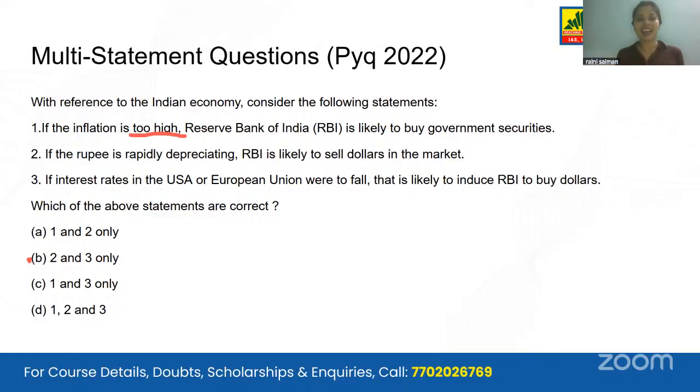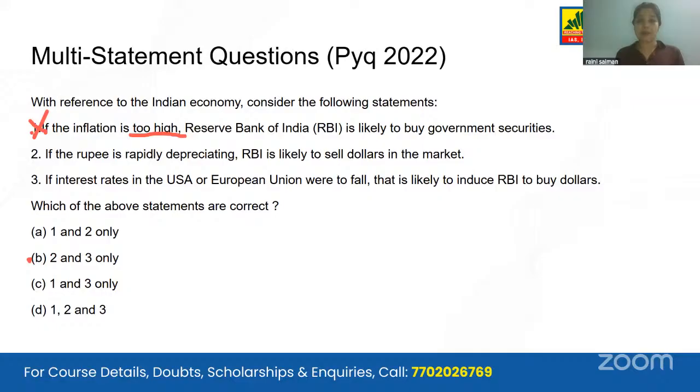So why will RBI do that? RBI will not do that. So statement 1 is wrong. When there is inflation, money is already floating in the market because the prices of the commodities are rising. So at that time, RBI will not buy securities and put money in the hands of people. Rather, it will sell securities. Okay. Statement 1 is wrong.